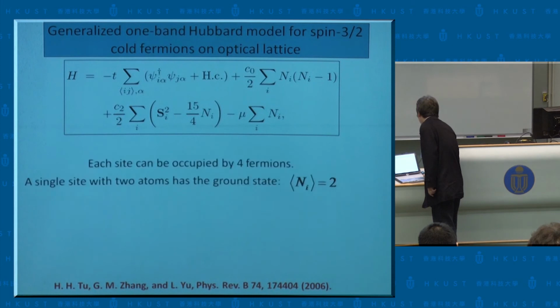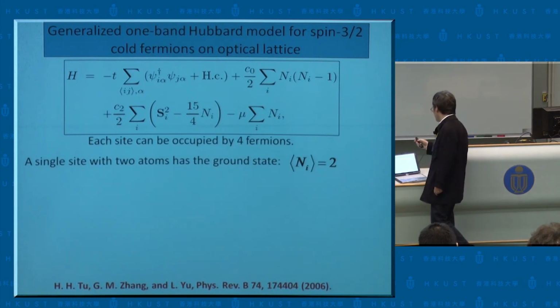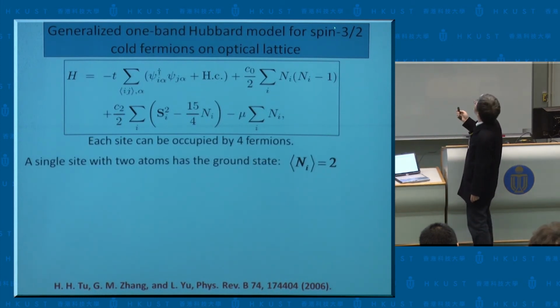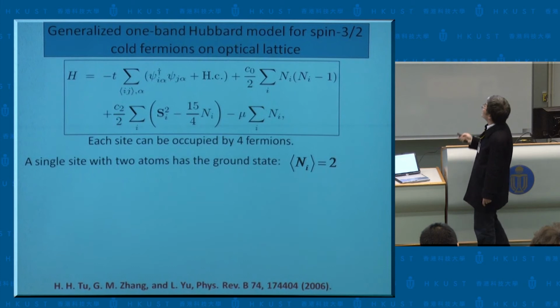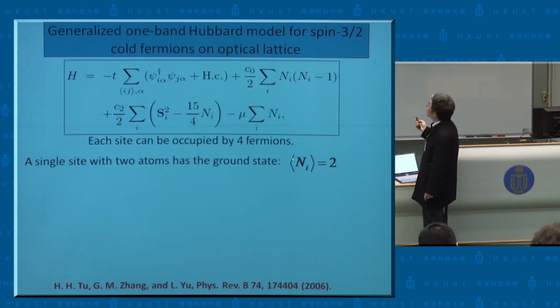Because the fermion has hyperfine spin 3/2, each site can be occupied by up to 4 fermions. If we consider half filling, the number of fermions is 2.